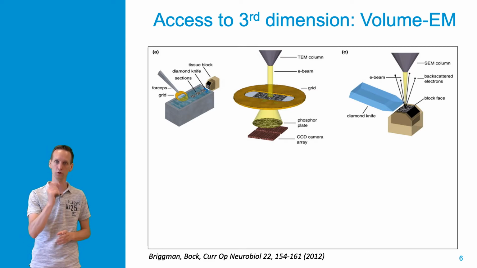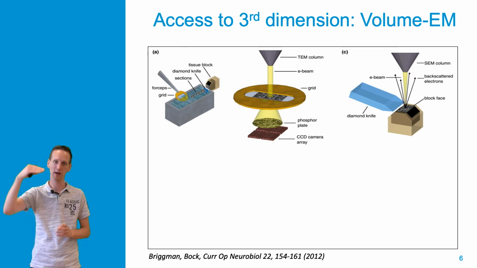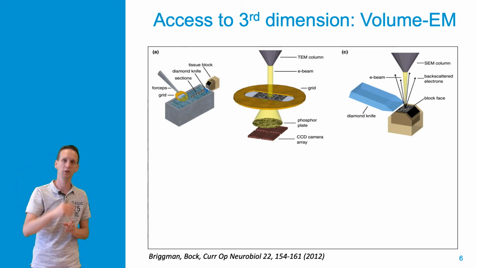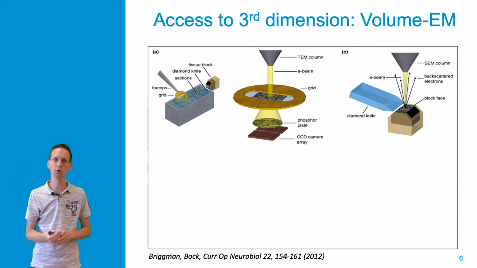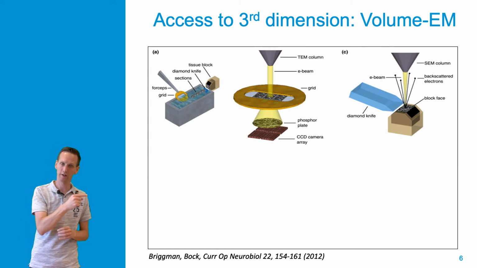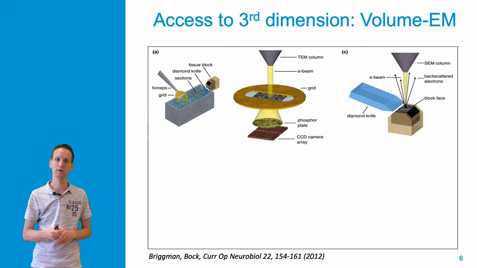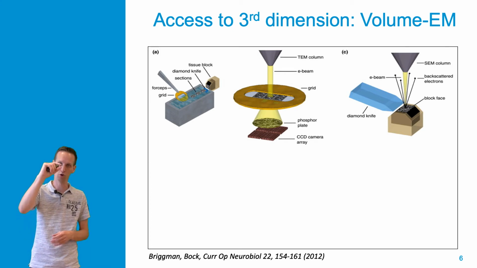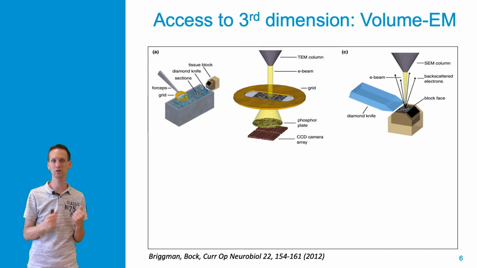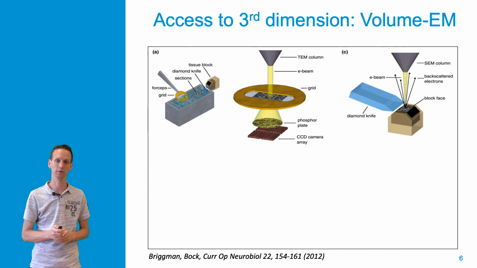After the full surface has been collected, the diamond knife comes in, cuts off a thin section which falls off the block, the knife is retracted and the beam scans the upper face again. By repeating this process, we can collect a three-dimensional image. Here the resolution along the z-axis, just like in the serial section TEM approach, is limited by the thickness with which we can cut.